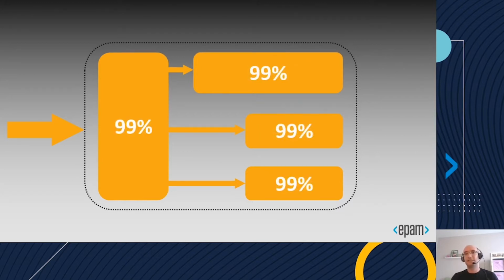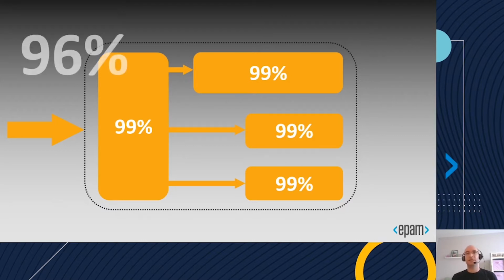Let's say that in theory each component has 99% availability. It might be more in reality, but let's say it's just like that. This gives us a graph of dependent components, and the total availability can simply be counted, and it's going to be 96%.